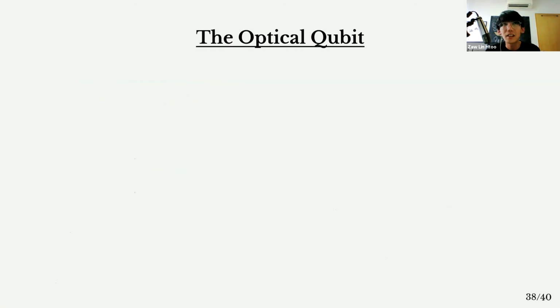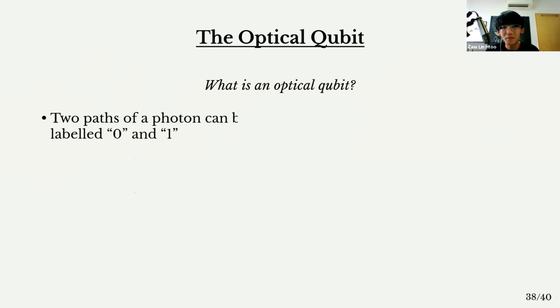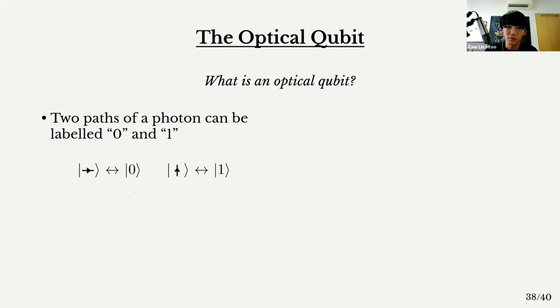So we've looked at two different properties of light, and the question is, what actually is an optical qubit? Well, with the first part of the lecture, we see that if I restrict the light paths so that I can only have two paths, I can label the right moving path 0, and I can label the upward moving path 1.